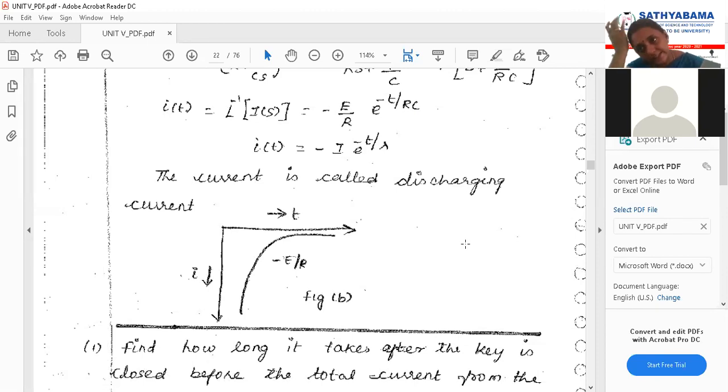Any doubts in RL charging, discharging, or RC charging and discharging? Please tell me. We can proceed.